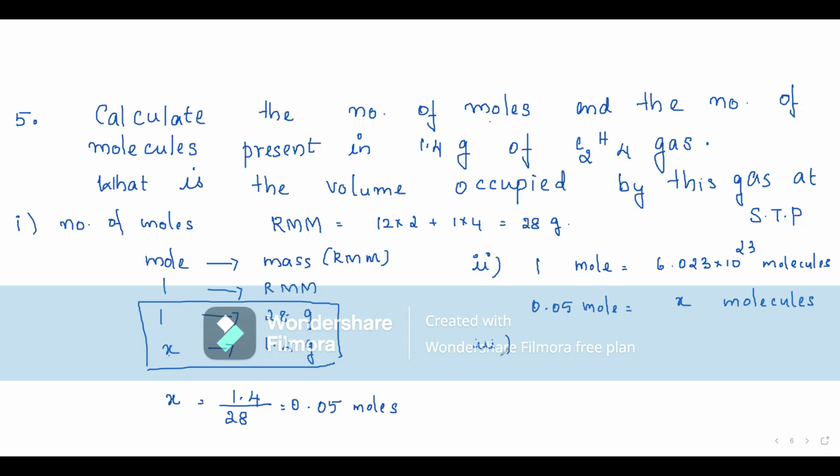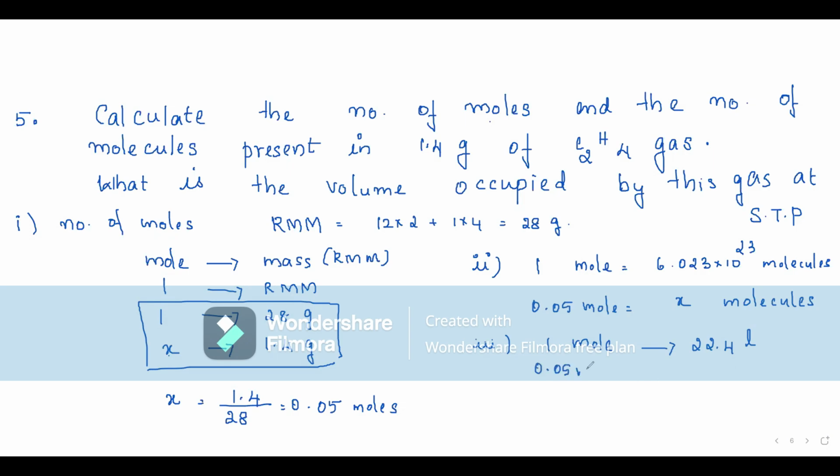What is the volume occupied by the gas at STP? So how do we calculate the volume occupied by the gas? Again, 1 mole of the gas will occupy 22.4 liters at STP, which is mentioned. 1 mole is this much.